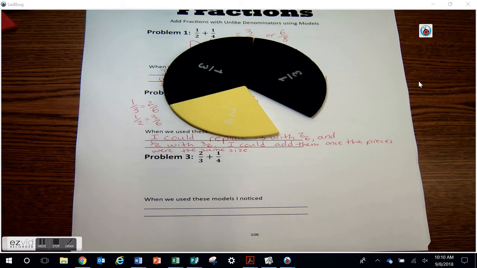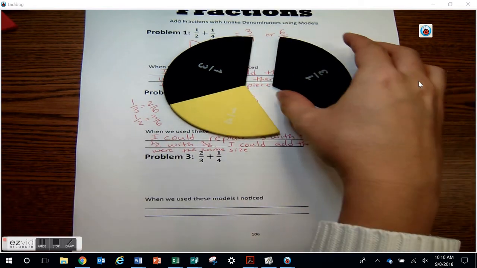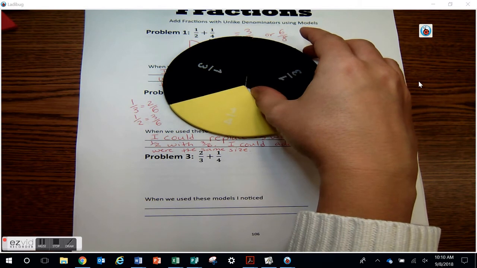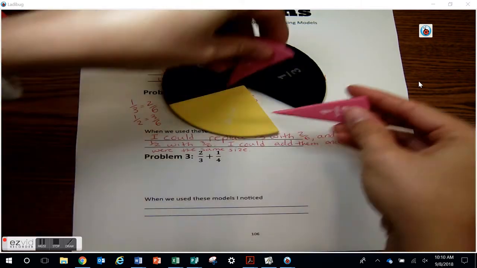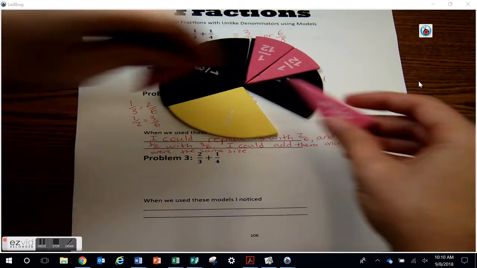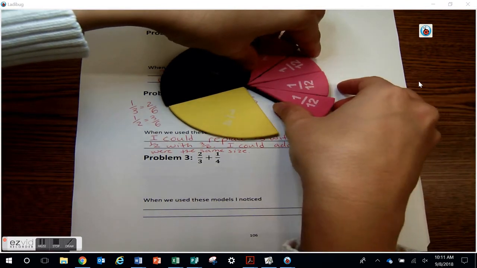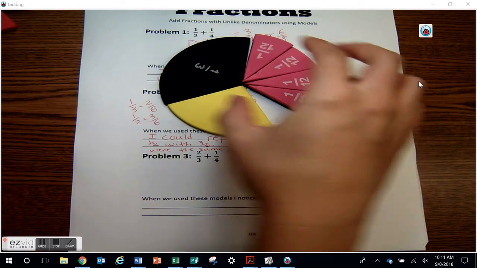What size pieces do you think I could use to cover all of those pieces equally and separately? Well, I could use my 12ths pieces to cover each third. So this 1/3 is equal to 4/12.